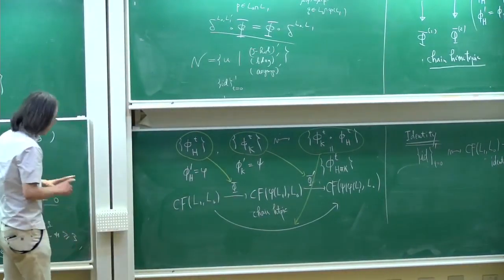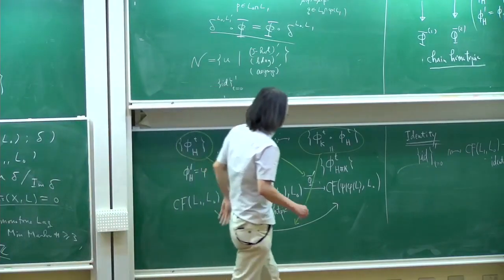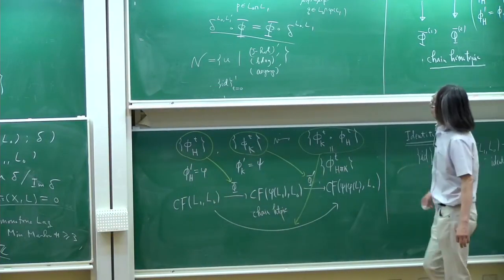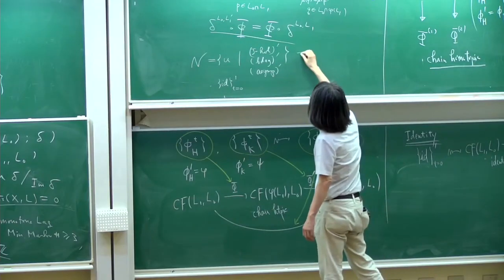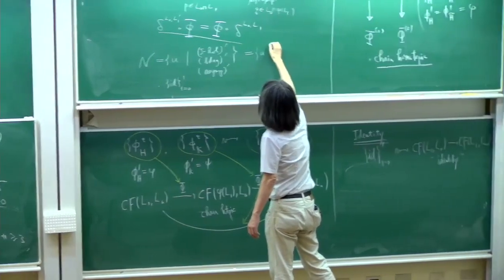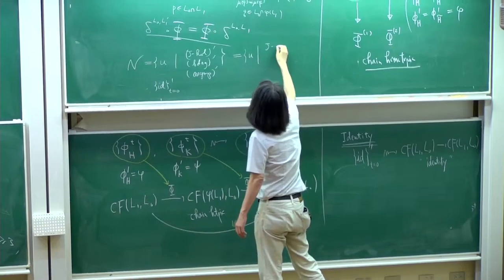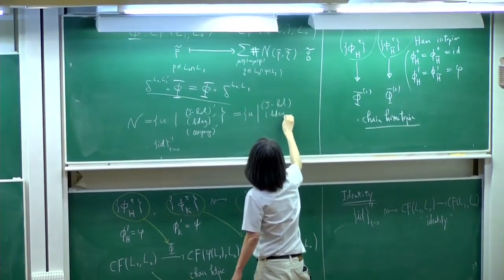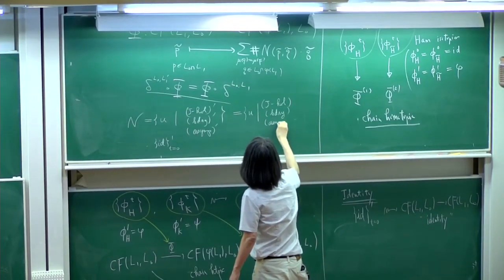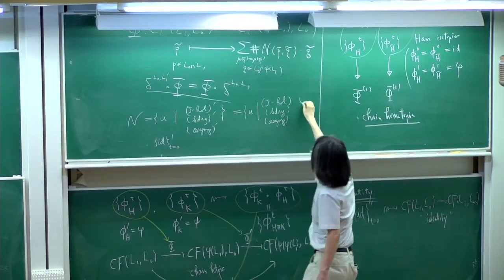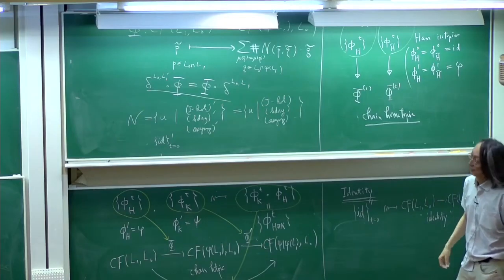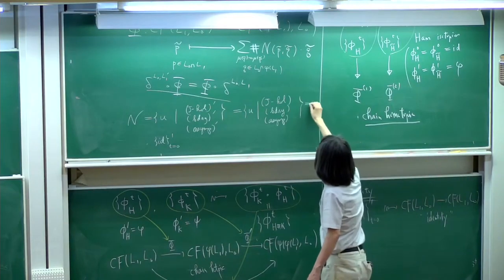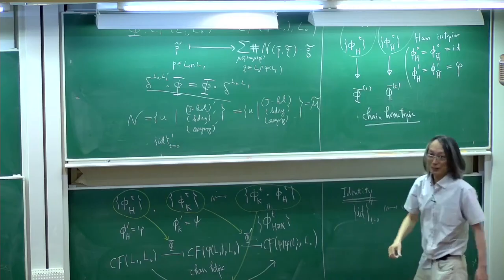So therefore, as a solution, it is exactly the same as the solution like a J-holomorphic and boundary and asymptotic. Right? So this is actually our M tilde.